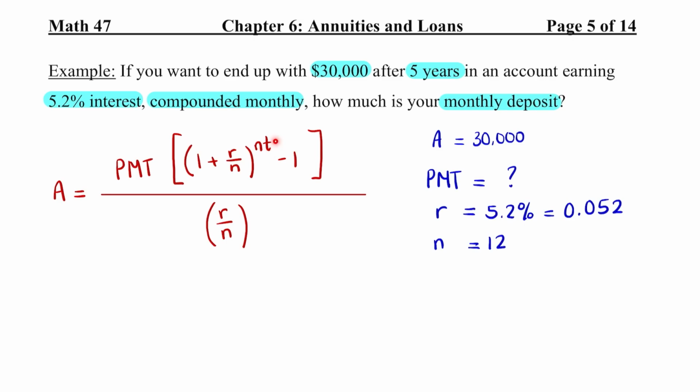T is the number of years that I plan to have the money in the account. In this case, that is 5. I'm substituting 30,000 in for A, 0.052 in for R, 12 in for N, and 5 in for T. And I need to solve for PMT.